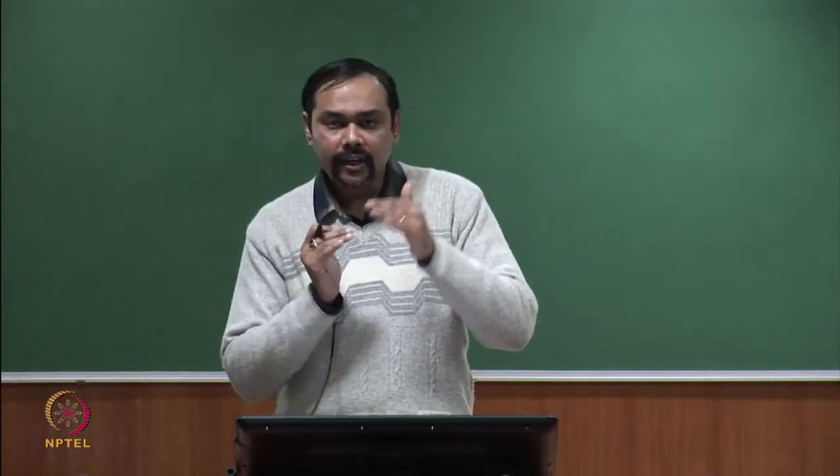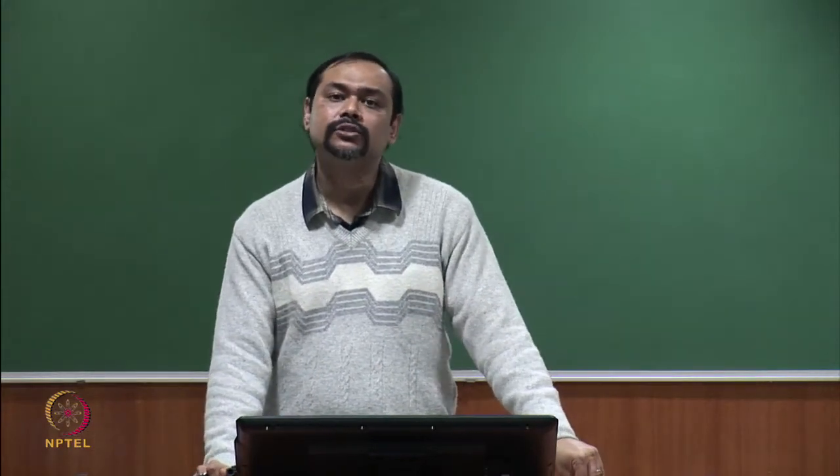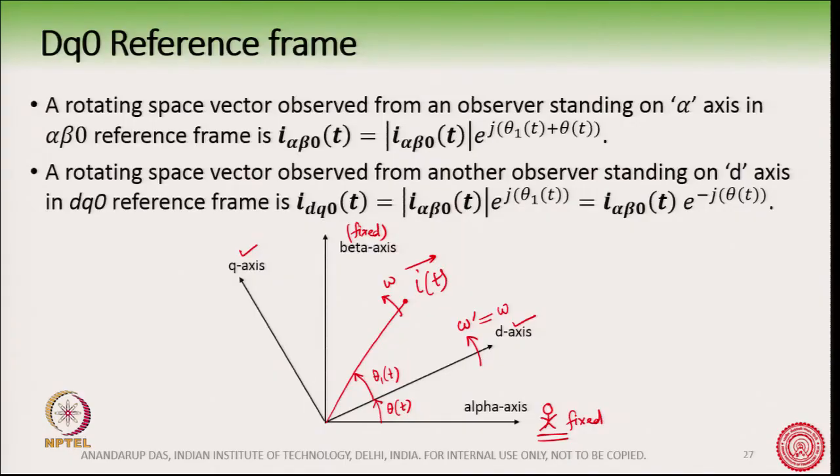If they are running at a different speed, then they will see a relative velocity between them. That is the condition when omega dash is not equal to omega. So, if the d axis is rotating at the same speed as the space vector, then they will appear to be stationary.